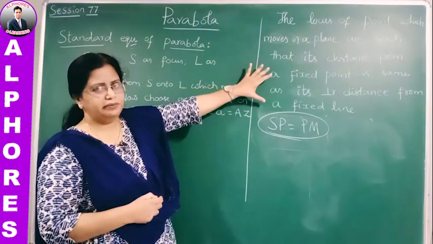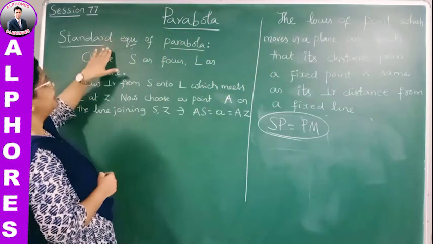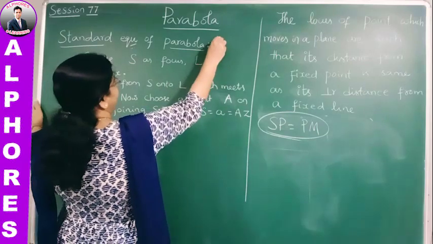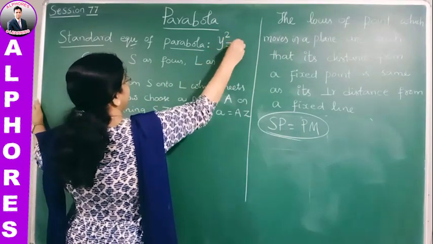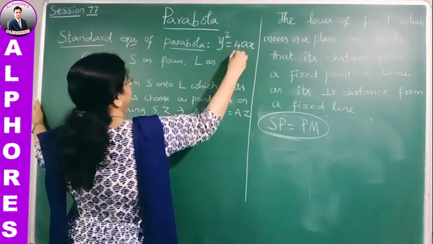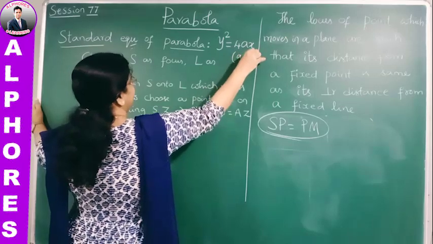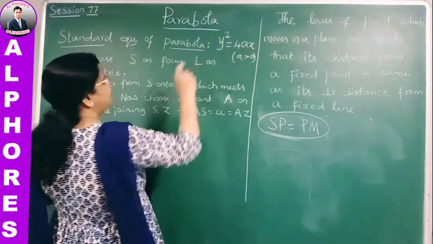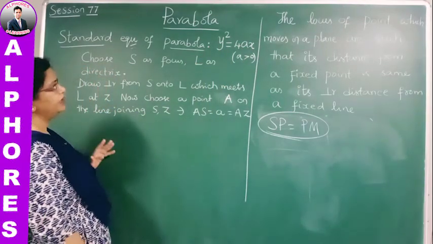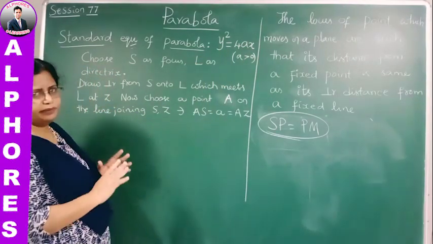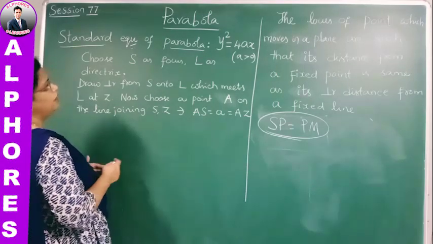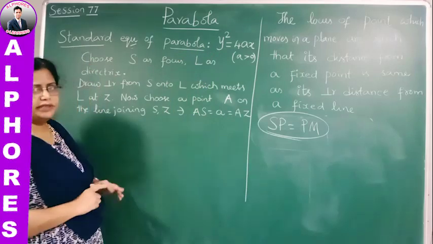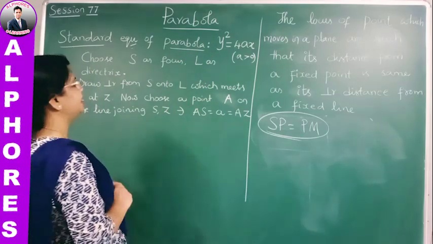This was the definition of the parabola, and now I want to prove the standard equation. The standard equation of the parabola is y square is equal to 4ax, where the value of a is always greater than 0. x and y are variables, and (x, y) is any point on the parabola. Now we want to hear the proof, in just 2-3 lines. How can you prove this result, the standard equation of the parabola y square is 4ax when a is positive?